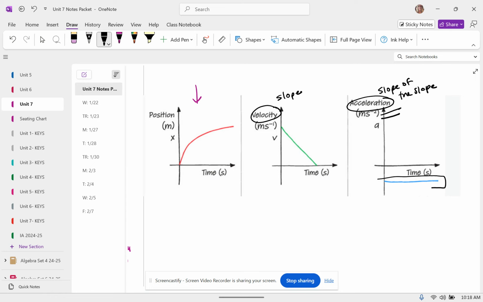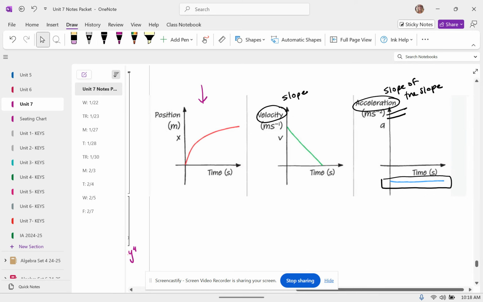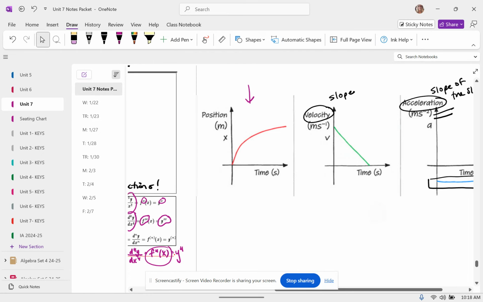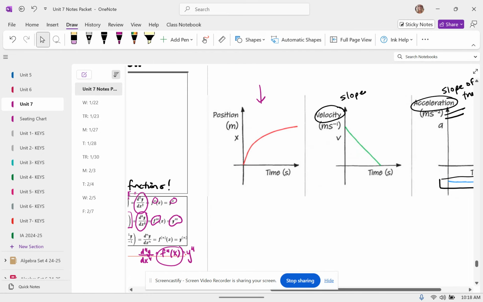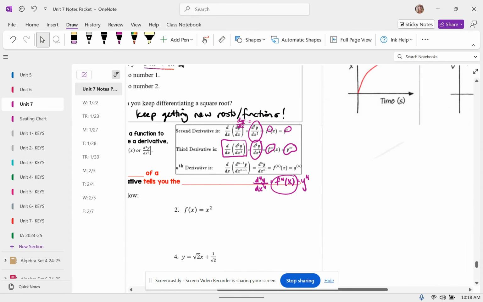And since acceleration is located down here below the x-axis, we would see that this guy has a negative acceleration, okay? All right, so we don't need to get too invested in the physics of this. We're going to learn about that in the next unit. But this kind of is a really nice encapsulation of why we would ever want to take a second derivative or a third derivative, okay?